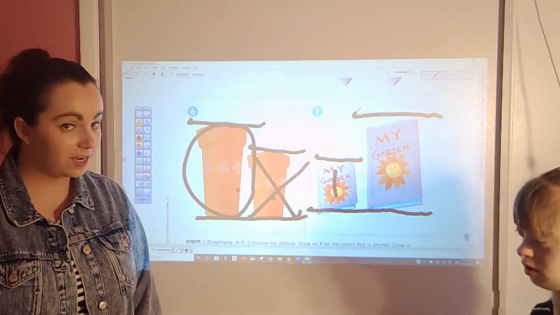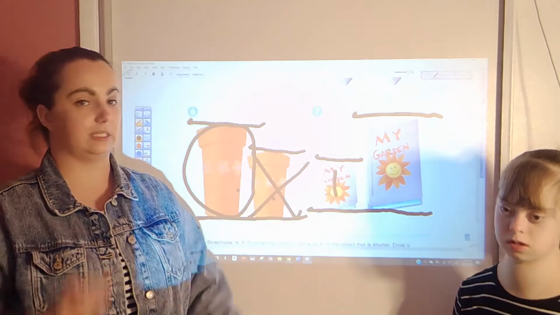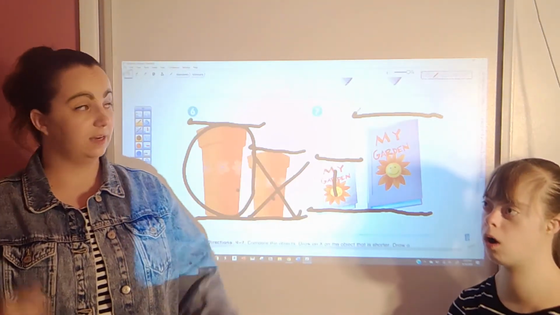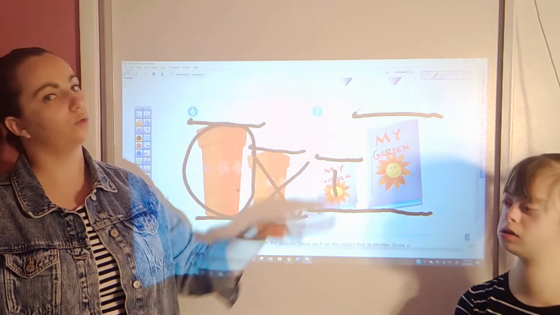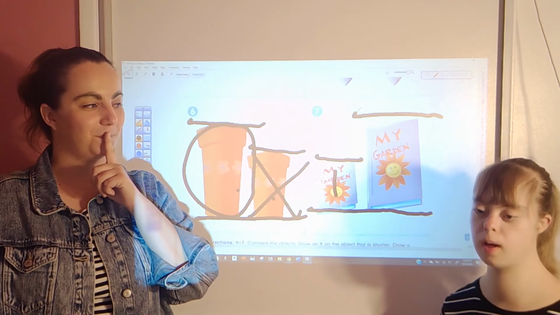Now, Kaylee and I are going to give you lots of quiet time. You think about, are these books the same height or different height? If they're different height, which one's taller, which one's shorter? We'll give you some quiet time to think about it.